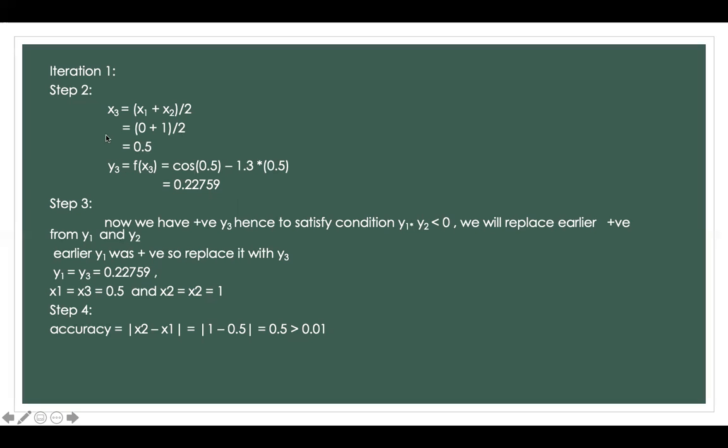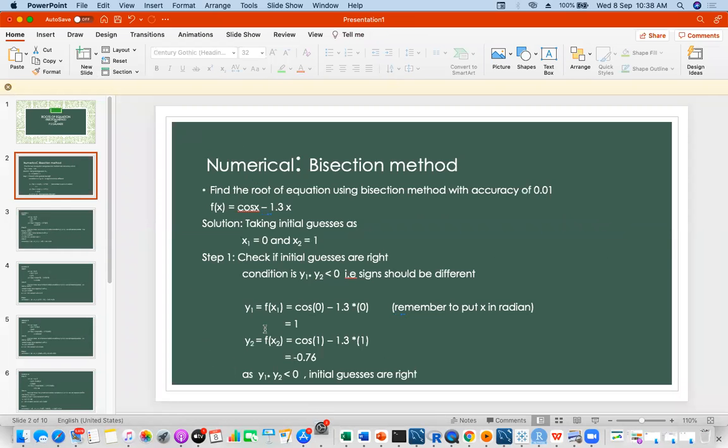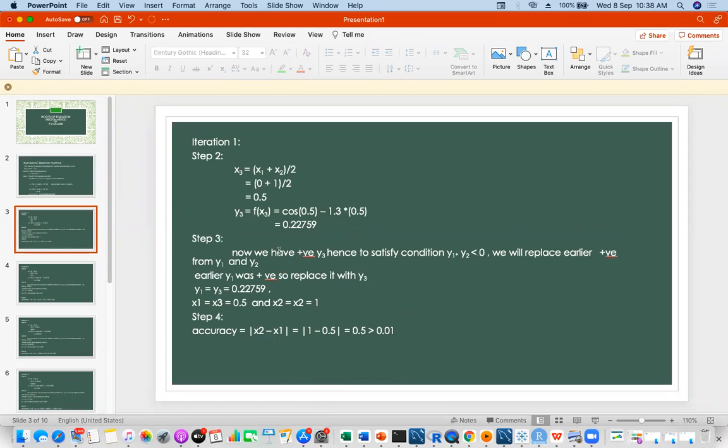So if y3 is positive, we have to replace the earlier positive. What was the earlier positive? Earlier positive was y1. So now we will replace y1 by this new y3, because they have the same sign.